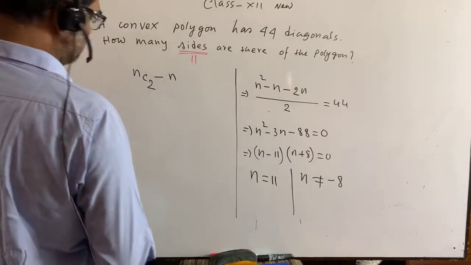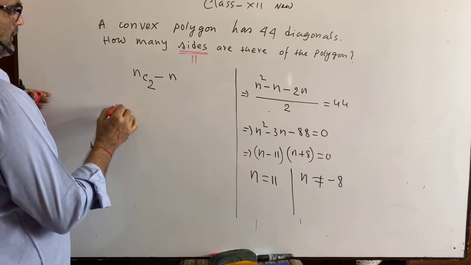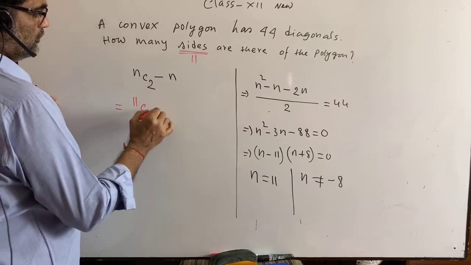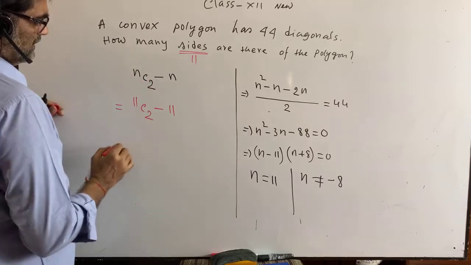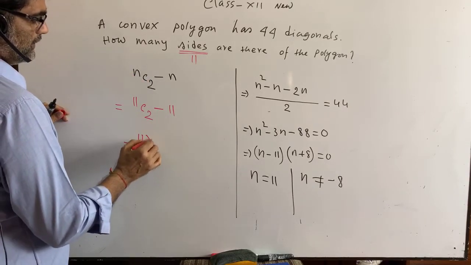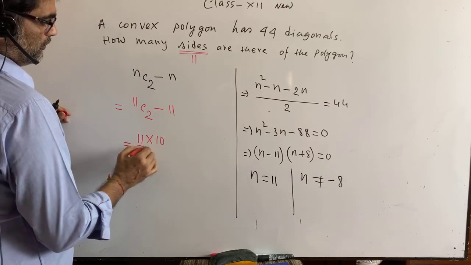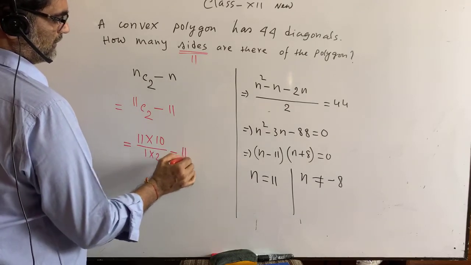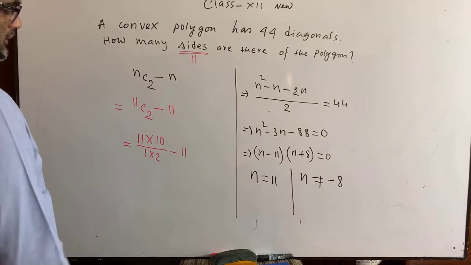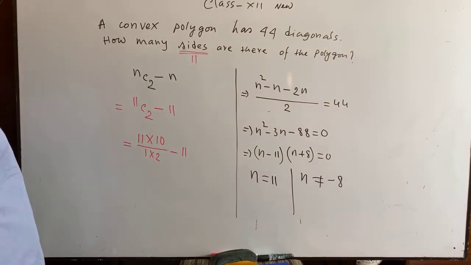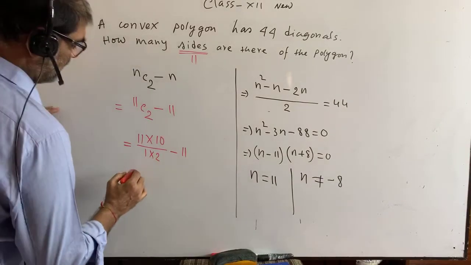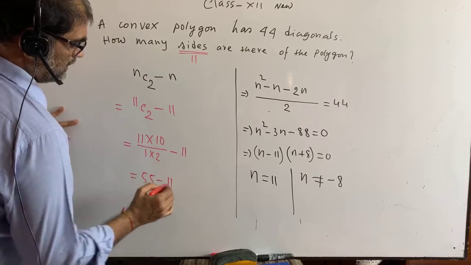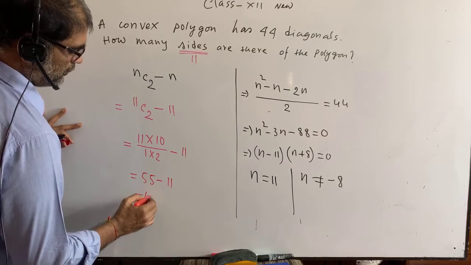For verification, we take n as 11: 11C2 minus 11. 11C2 means 11 into 10 by 1 into 2, minus 11. So we calculate, 5 elevens are 55, 55 minus 11 equals 44.